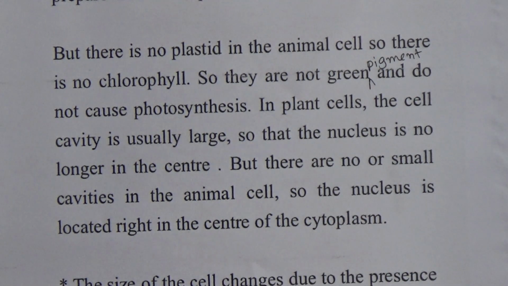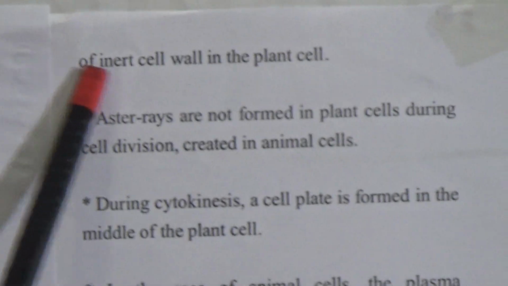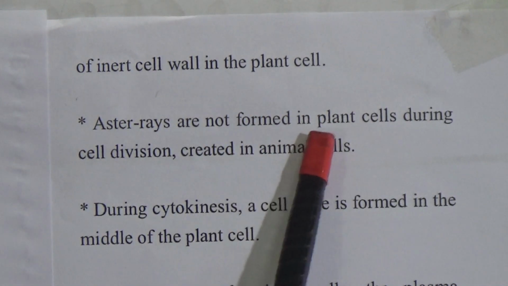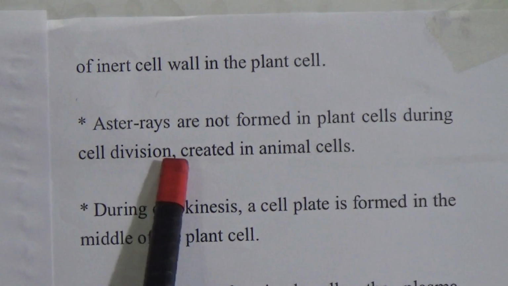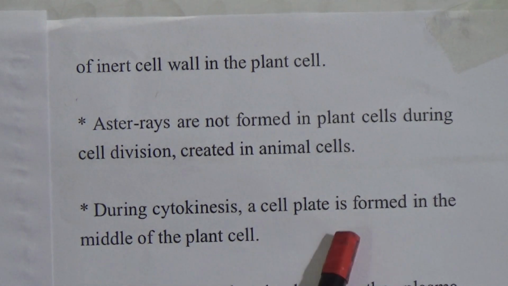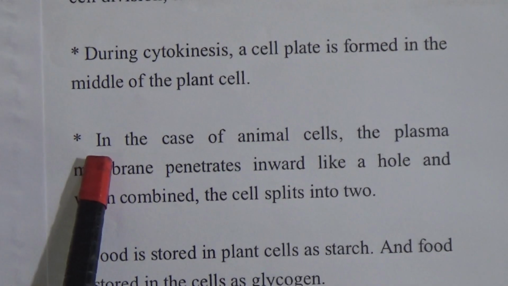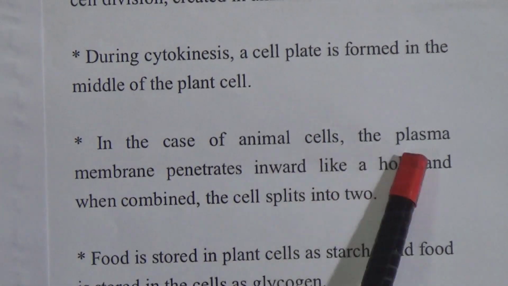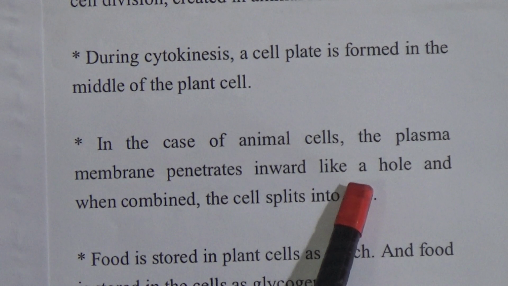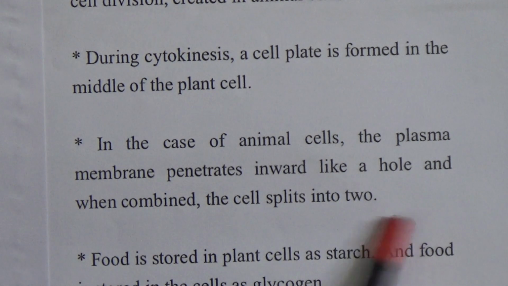The shape of the cell is fixed due to the presence of the inert cell wall in the plant cell. The aster rays are not formed in plant cells during cell division, unlike in animal cells. During cytokinesis, a cell plate is formed in the middle of the plant cell. In the case of animal cells, the plasma membrane penetrates inward like a hole, and when combined the cell splits into two.